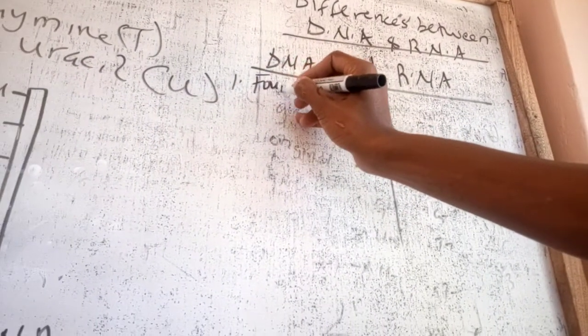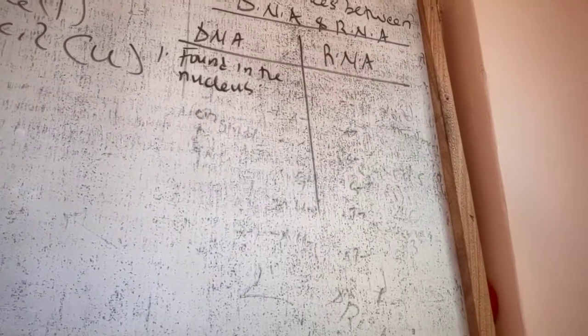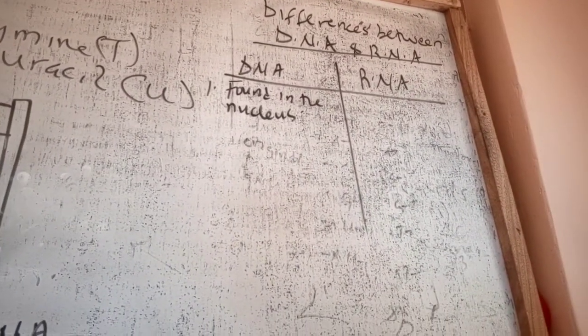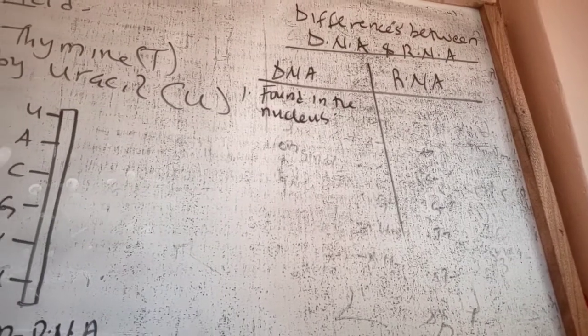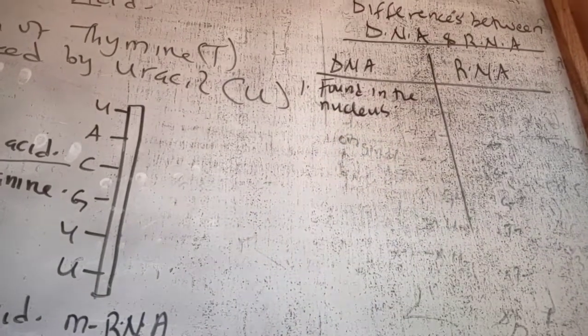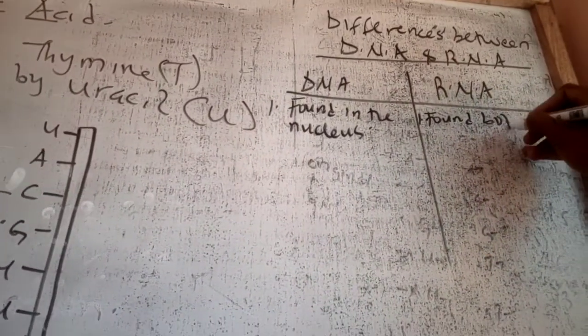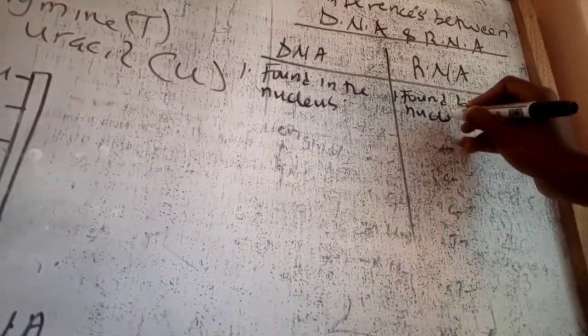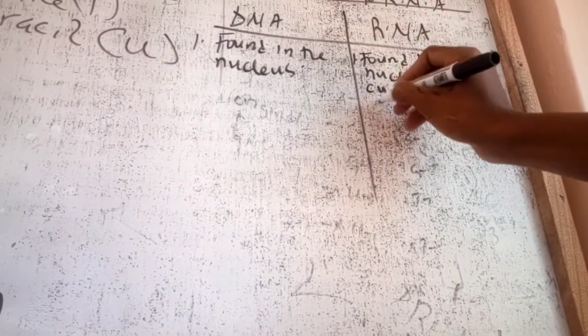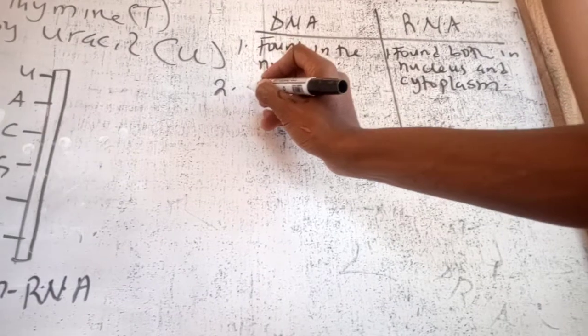And as far as the second one is concerned, that is the RNA, it is found both in the nucleus and in the cytoplasm.